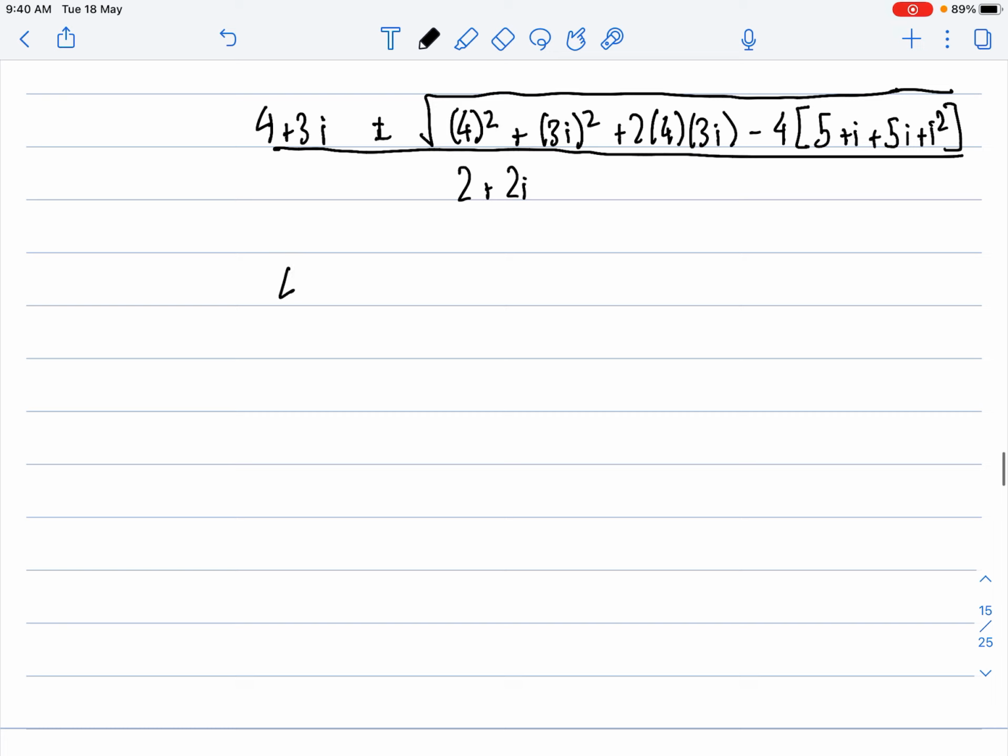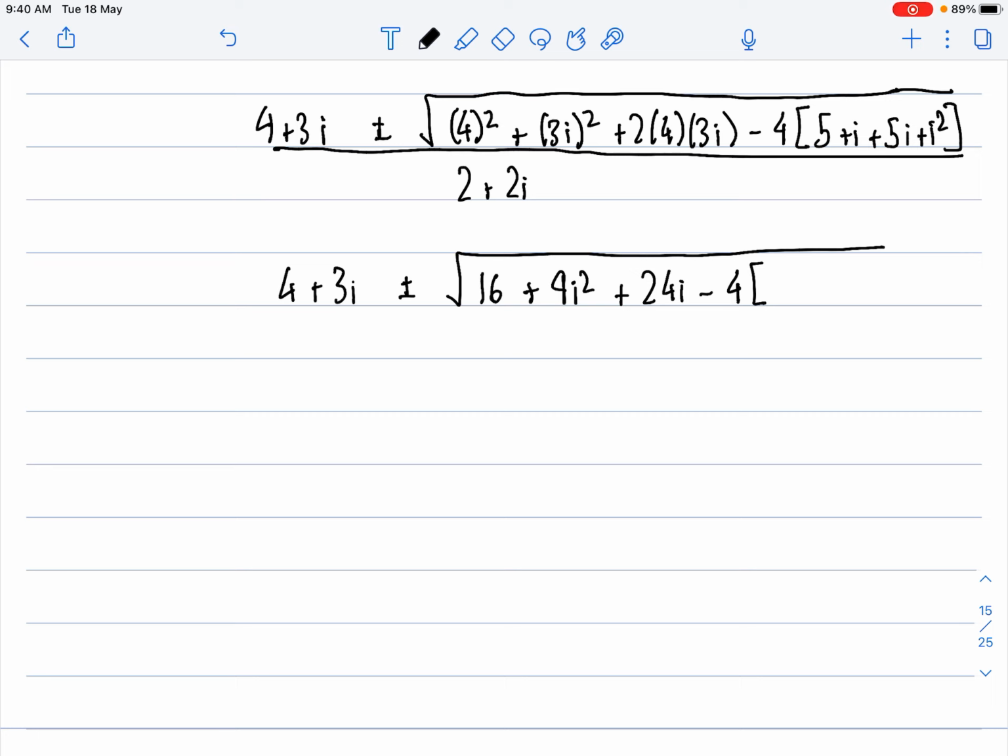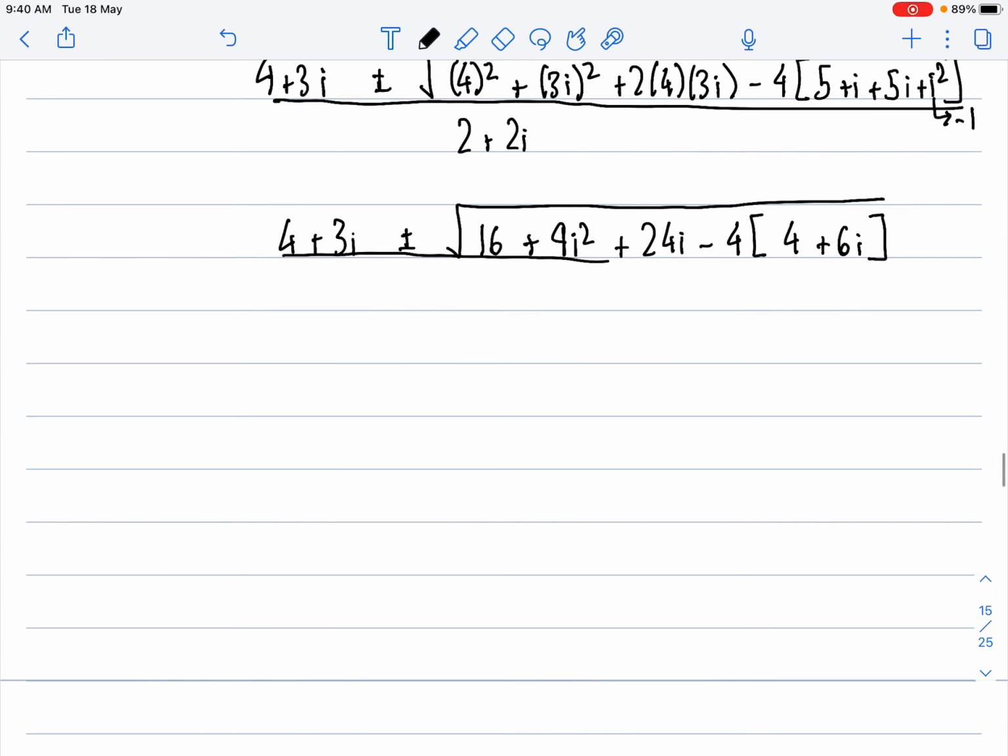So now I can write this as 4 plus 3i plus minus the square root of 16, because 4 square is 16, plus 9i square plus 2 into 4, 8, 8 into 3 is 24. So 24i minus 4 into 5 plus 5, I square can be written as minus 1. So 5 minus 1 will be 4, okay, plus 6i, correct? This is what I can say, over 2 plus 2i.